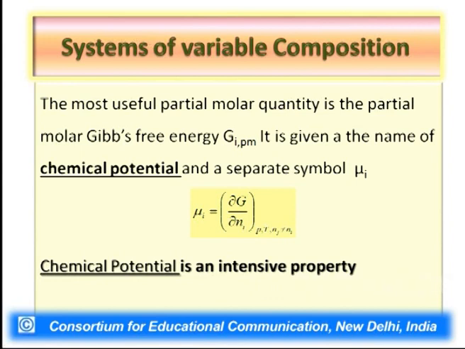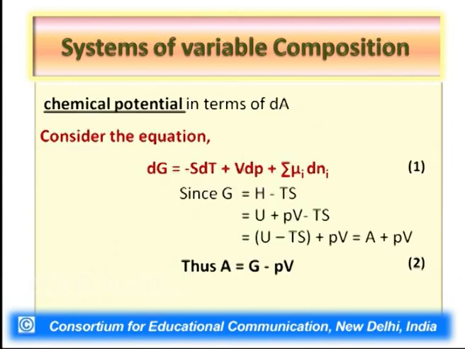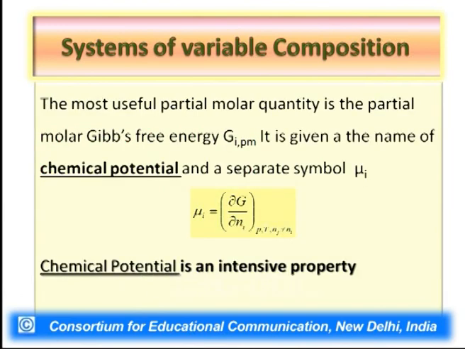This chemical potential is a very central concept in chemistry, and we will see very shortly what it actually means to us. For the time being, we have tried to define it in terms of the increase in Gibbs free energy, or in other words, the partial molar Gibbs free energy.